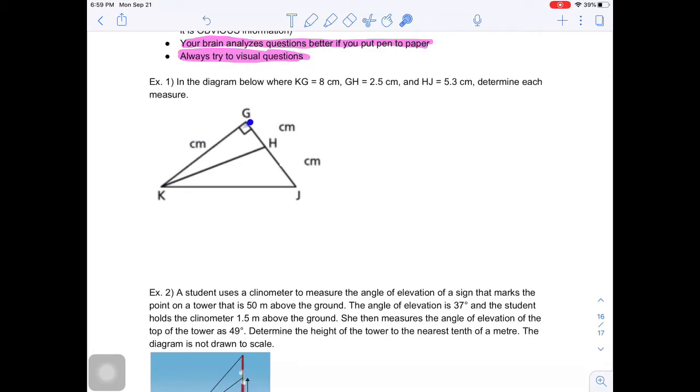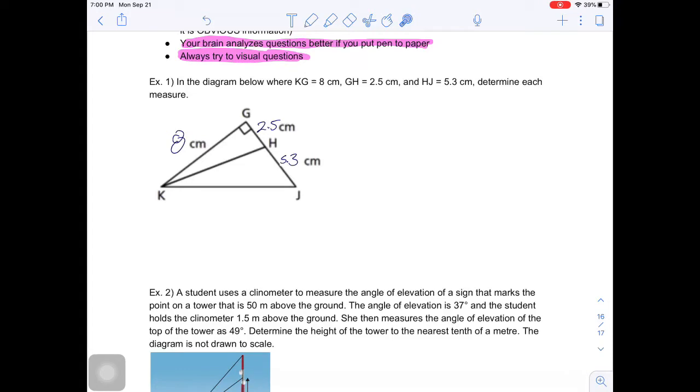We have K to G equaling 8 centimeters. So this is 8 centimeters. We have G to H, which is 2.5. So here's 2.5. And lastly, we have H to J. H to J is 5.3 centimeters.